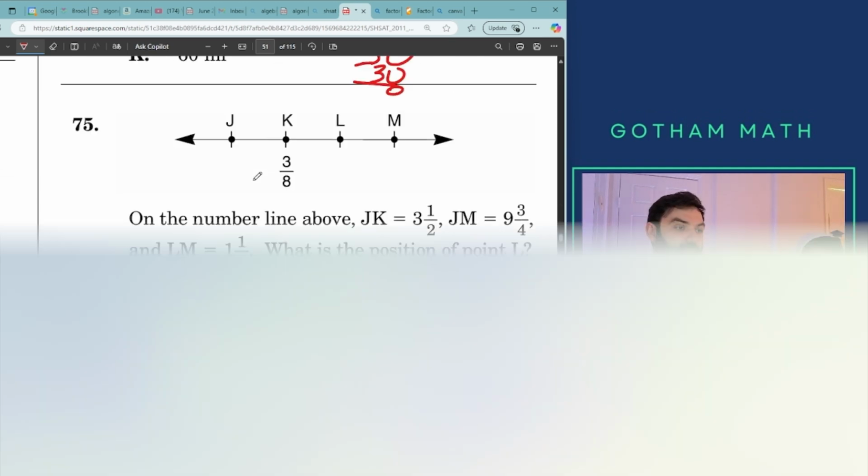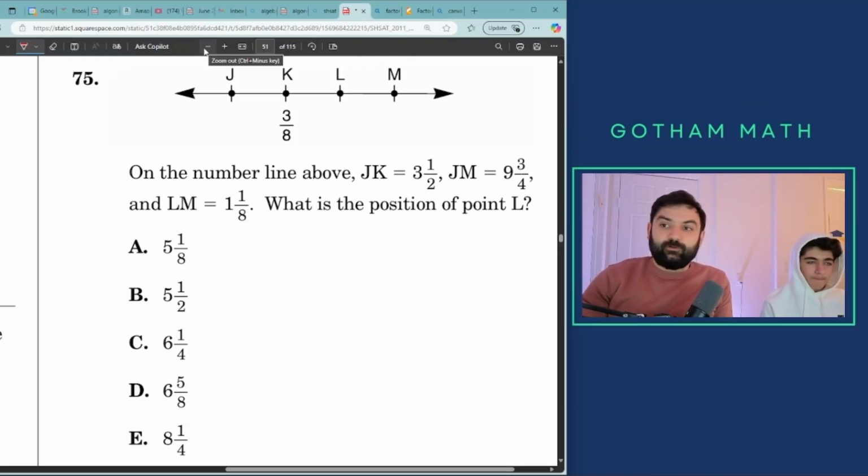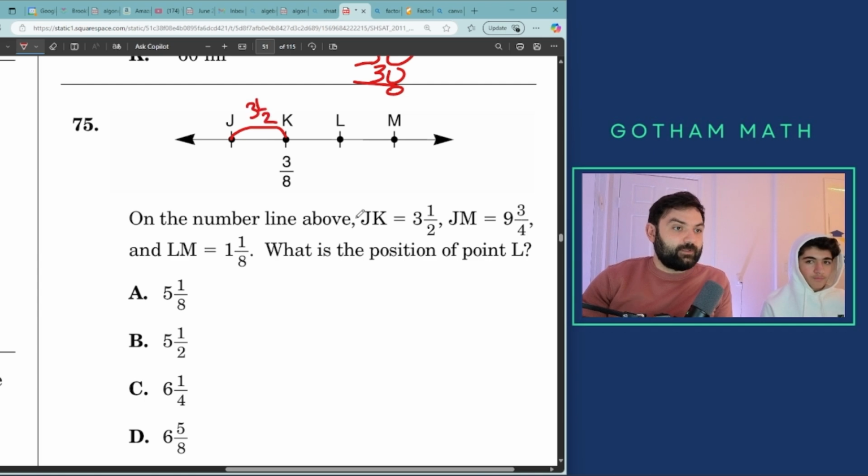All right, 75 is the next one. What do we do for number 75? On the number line above, JK is 3 1/2, JM, the whole thing, is 9 3/4, and LM is 1 1/8.